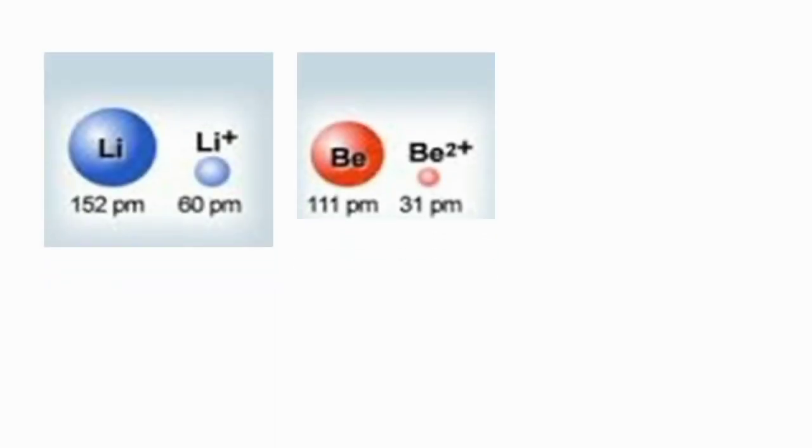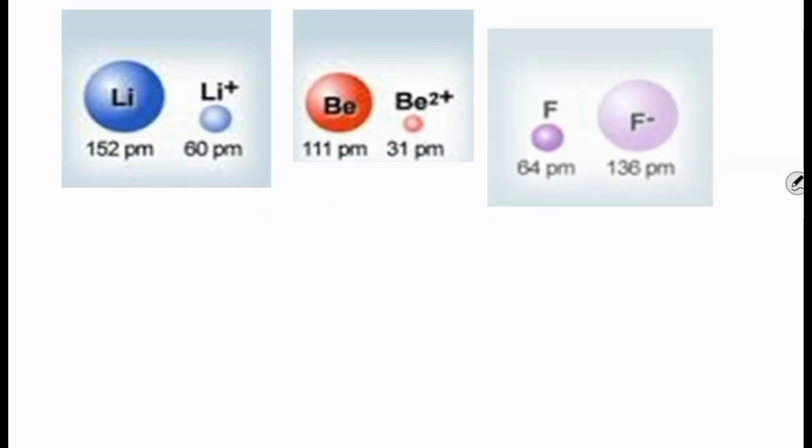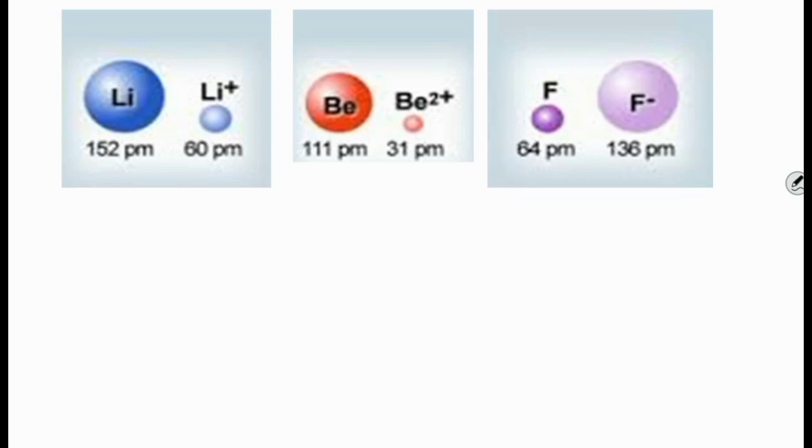Alright, now we've explained this already. For positive ions of metals, they have smaller size than their normal atom. But for negative ions, the ion has a bigger size compared to the normal atom.